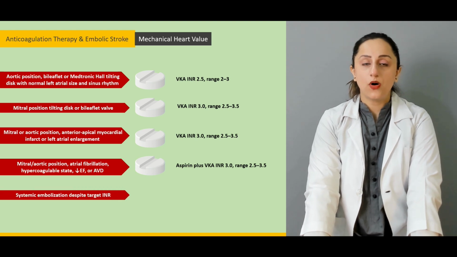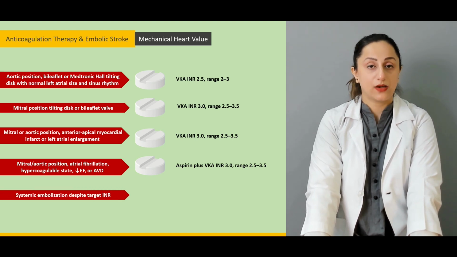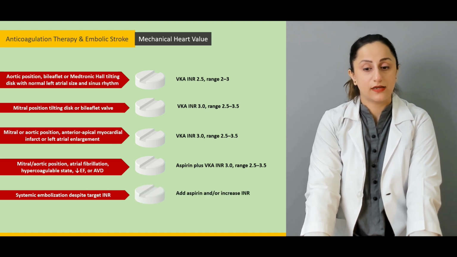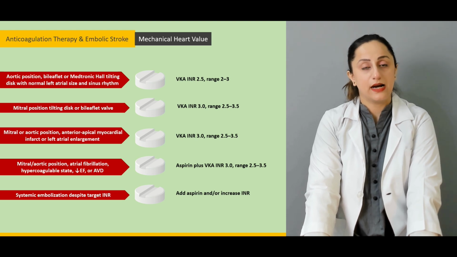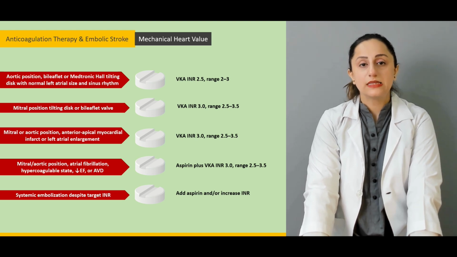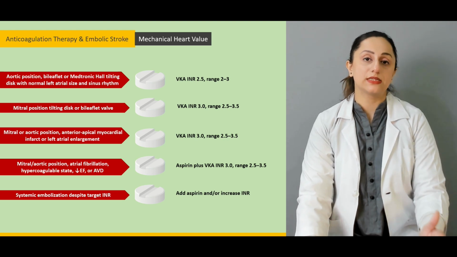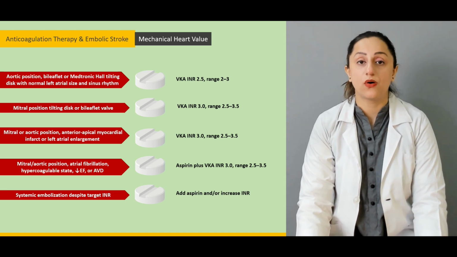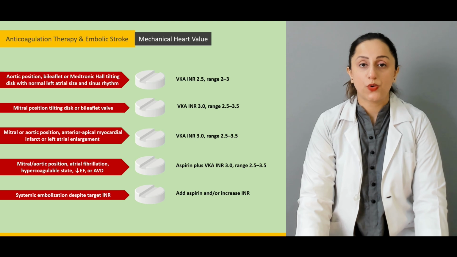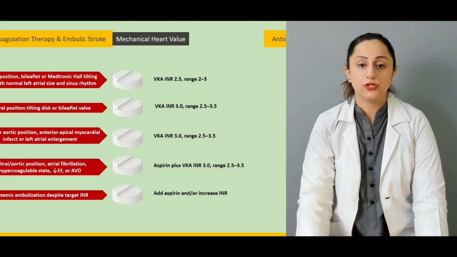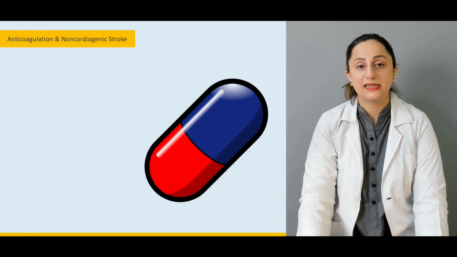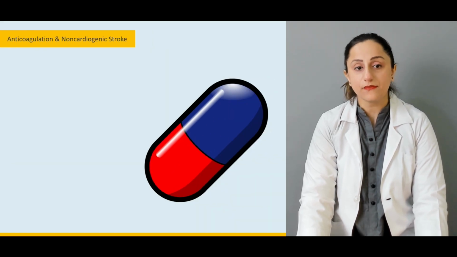So it depends upon the echo studies. For systemic embolization despite the target INR being achieved, you add an aspirin or increase the INR for these individuals. These are the criteria that you usually use in your CCUs, or cardiac care units, when you're following patients and prescribing antiplatelet therapy.